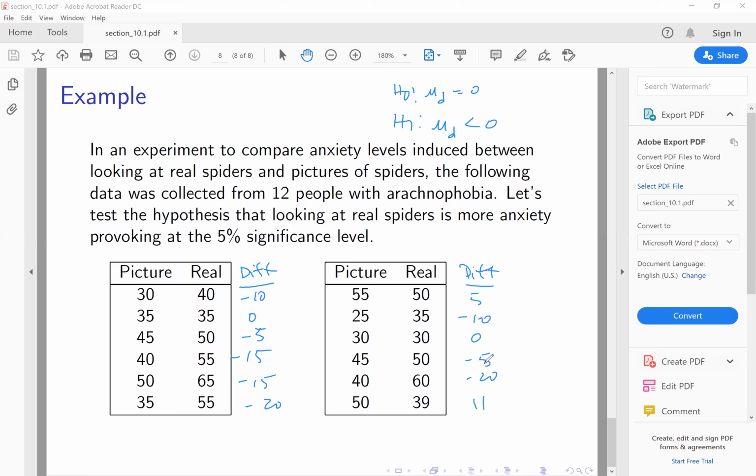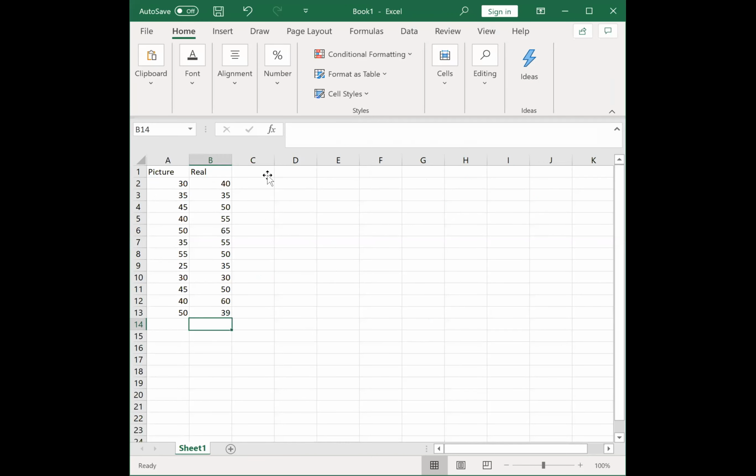Okay. Now, I did that by hand, but really you're going to want to do this with Excel. So let's clear all the drawings and go to Excel. So you can compute the differences very quickly in Excel by taking the picture column minus the real column and then dragging it down.